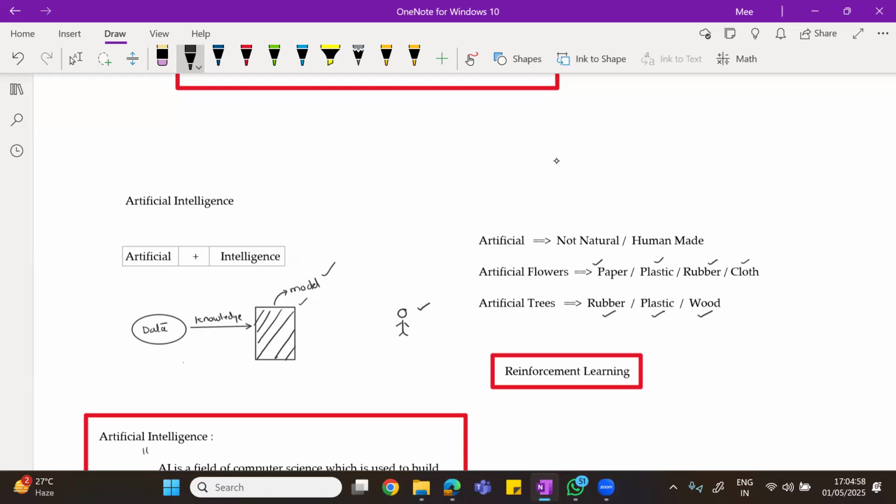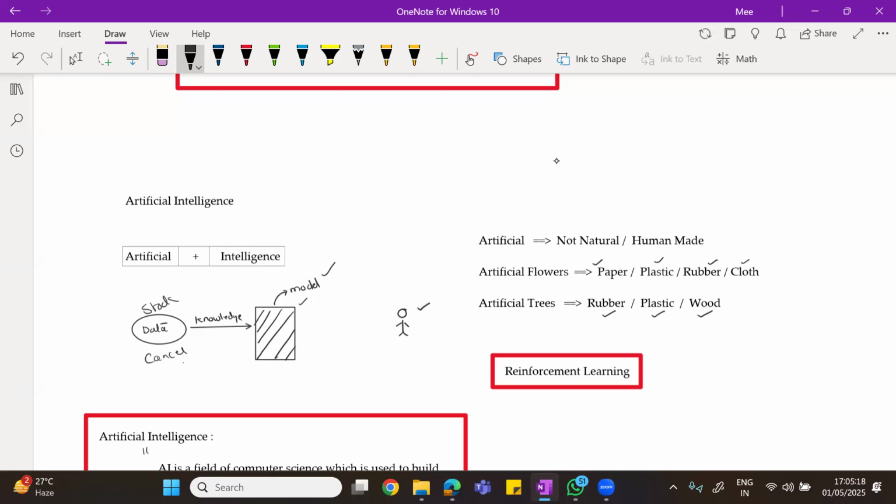Now this data can be anything. It may be stock market data, or cancer data, or any other data, diabetes data, something like this. Whatever the data may be, this model will be able to learn from that. No need to change the coding for each and every data.